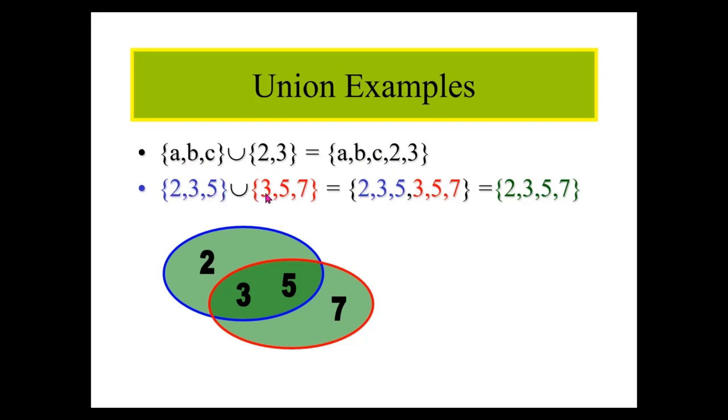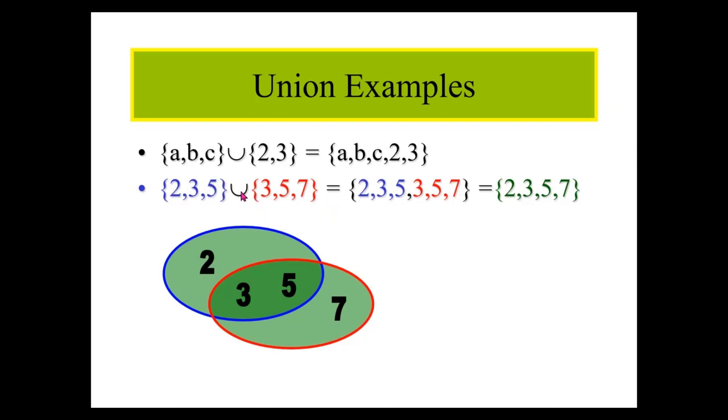Another: {2, 3, 5} union {3, 5, 7} gives {2, 3, 5, 7}. Here 3 and 5 are repeated, so they are written only once.